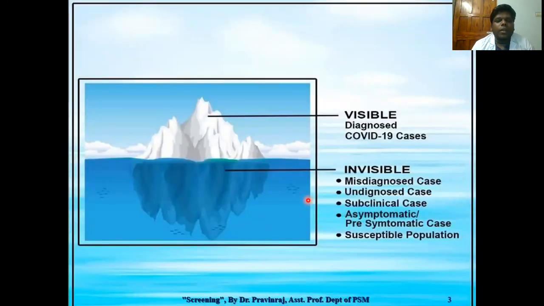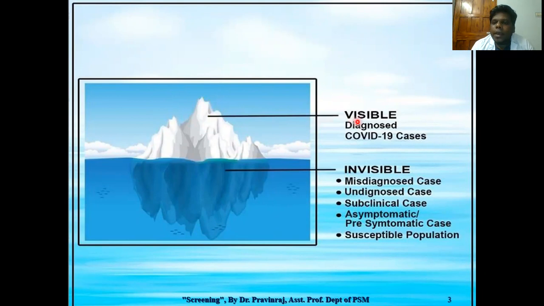Before going to that, here we are seeing an iceberg phenomenon that we all would know. Here is the tip of the iceberg, and this is the submerged portion. This is the part we usually see in our OPD. As a doctor, we sit in OPD and patients are coming.